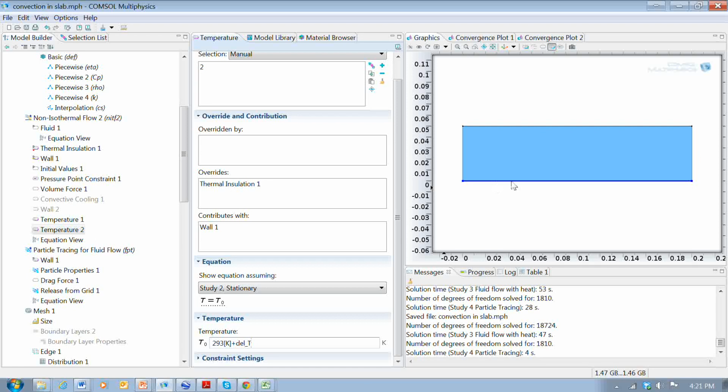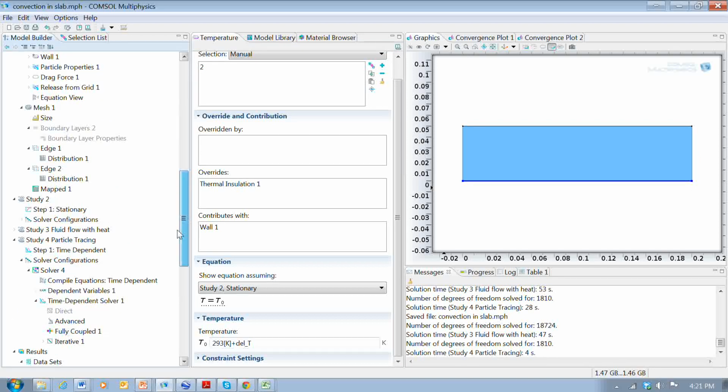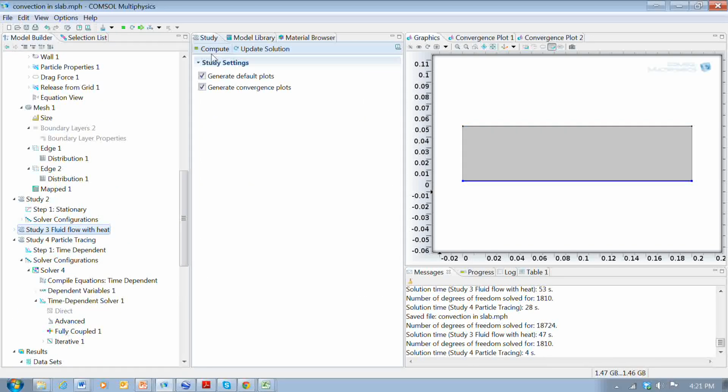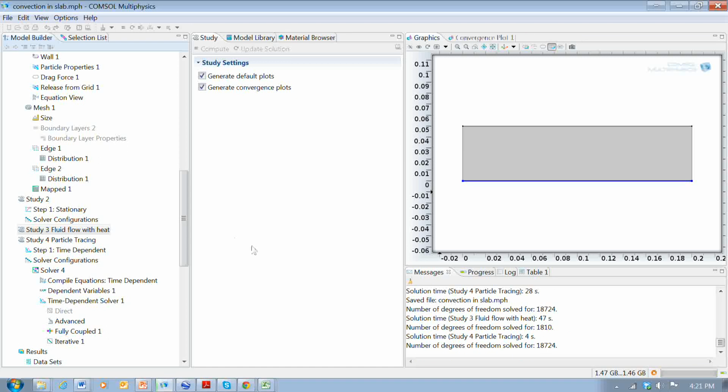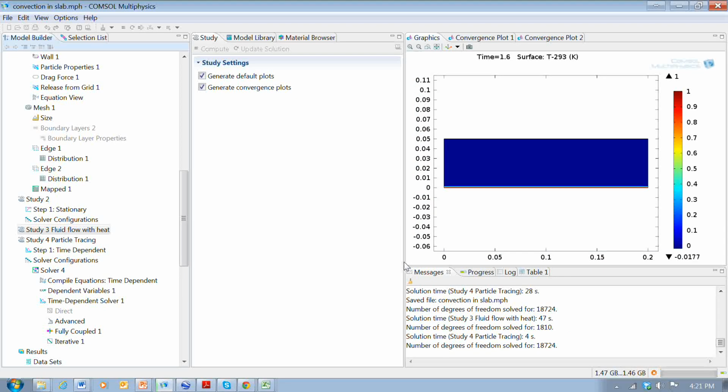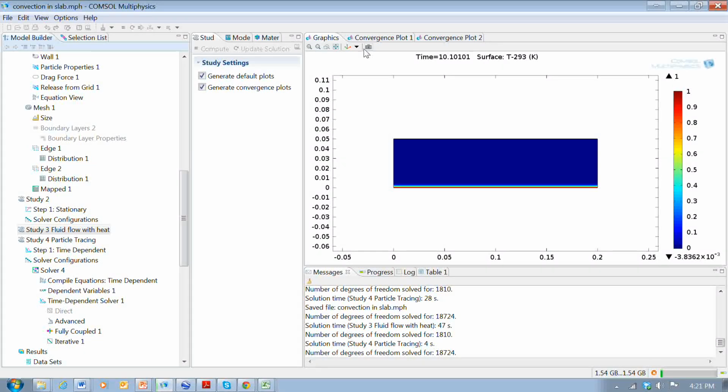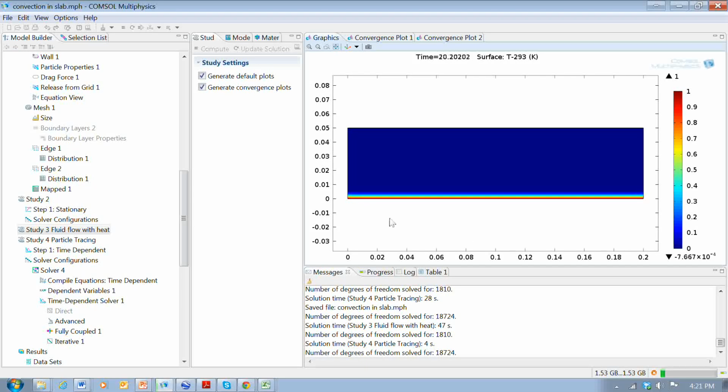So it's right here, and we'll just repeat what we've done. Okay, so we rerun the fluid flow, and you can see it's heating it by conduction, and we're getting the same kind of layer. But now the Rayleigh number is increasing, and now we've started to form some free convection.